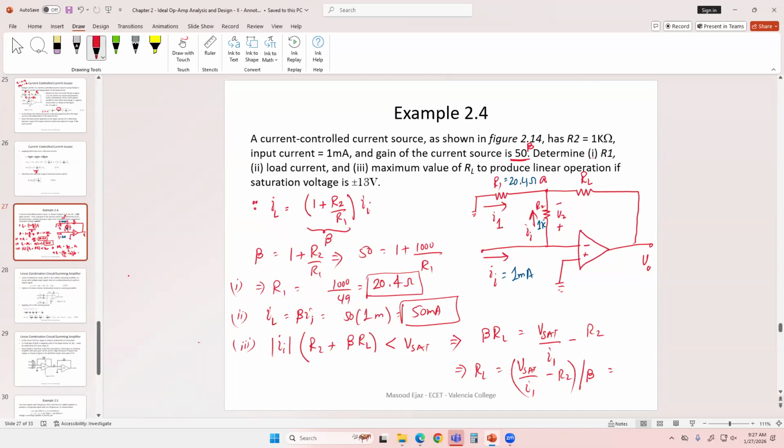So this is the maximum value of RL that is allowed before it will hit saturation. Any value that will exceed this, the one that you're calculating, is going to make this product higher than V saturation.